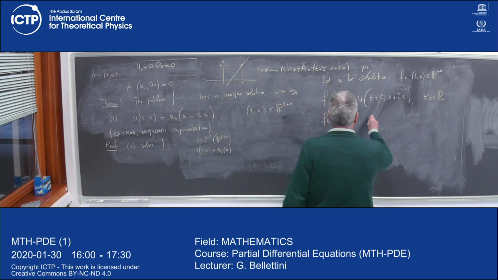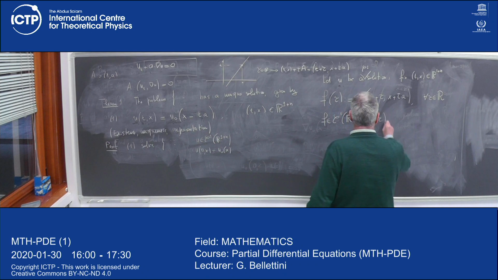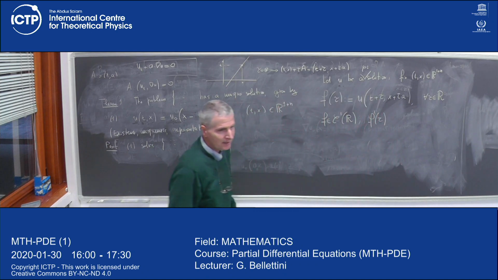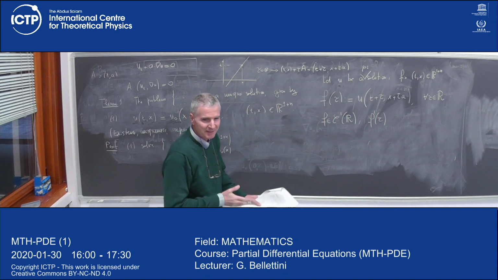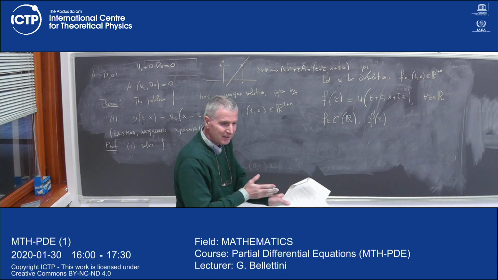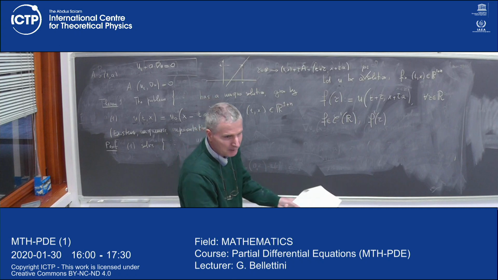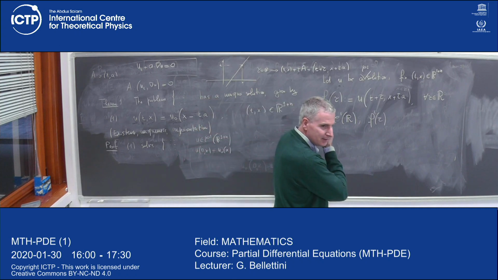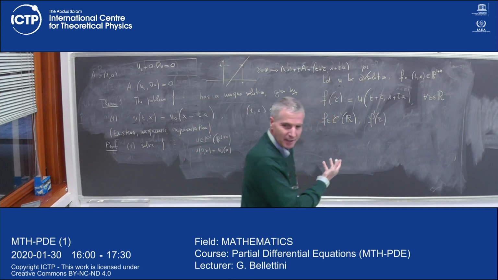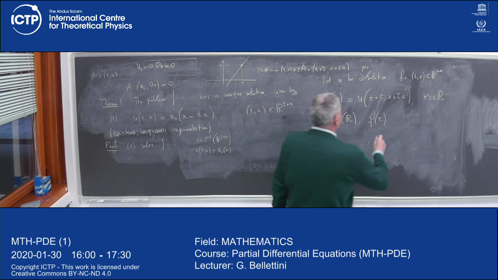Correct remark. f prime of tau, as expected, must be zero because it's u along this line, and we already have understood that along these lines u must be constant, because it is something that your PDE is saying. Let me compute it.